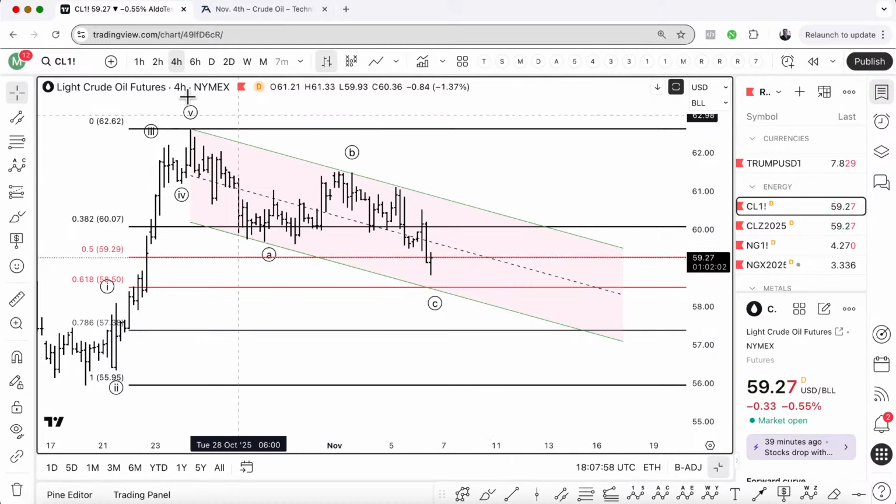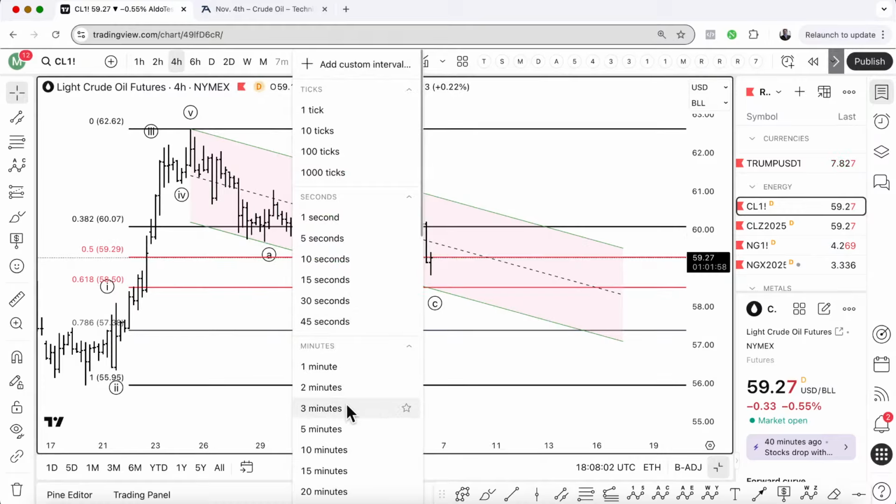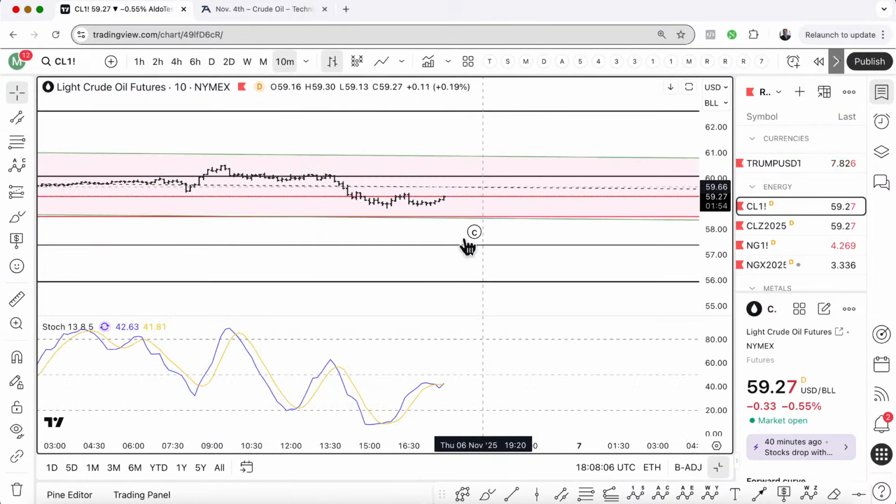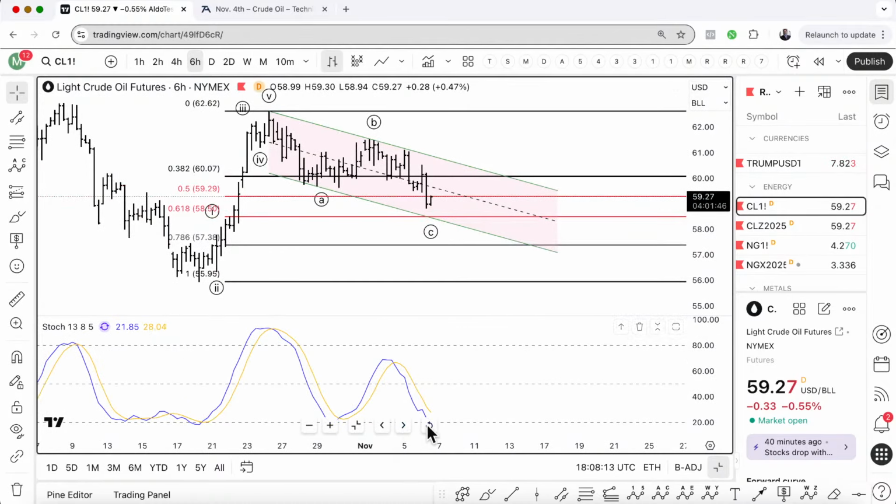So let's say that momentum in, let's say, a 10-minute chart, okay? And let's say the momentum here is to the upside. But if momentum here is to the downside, these are the longer term traders, and this is going to be hard for this to go up, right? So you want to trade with momentum aligned ideally.